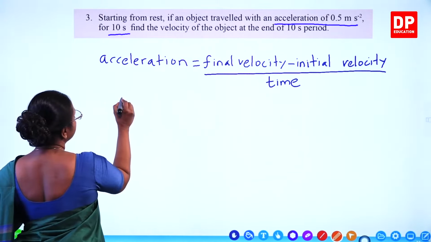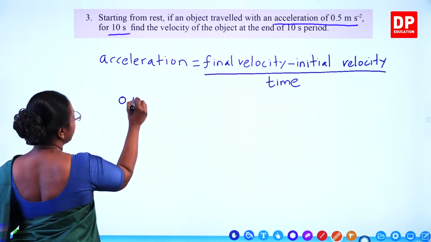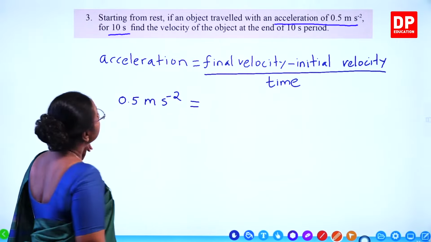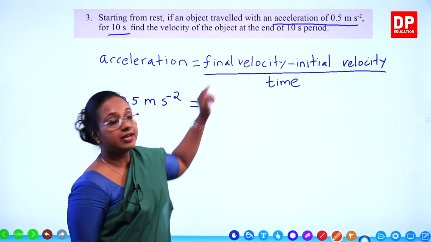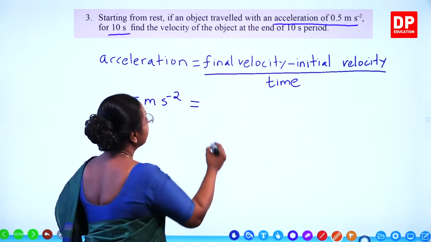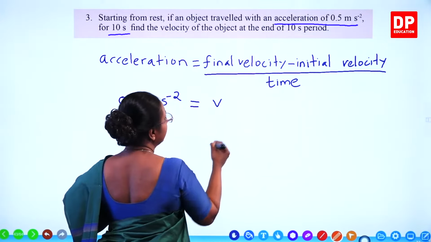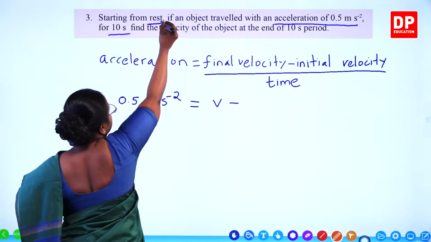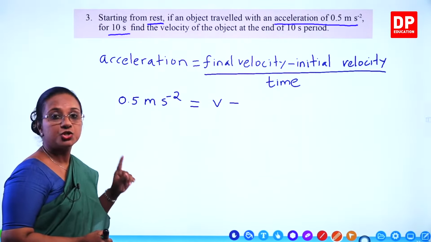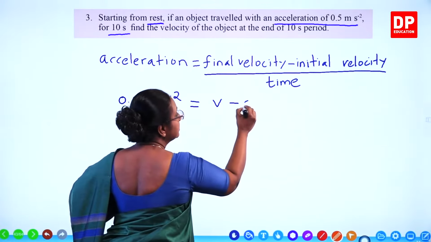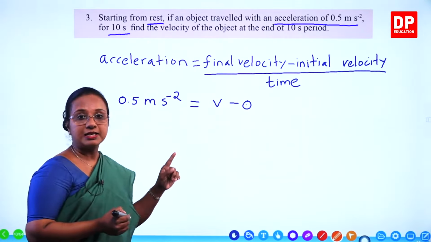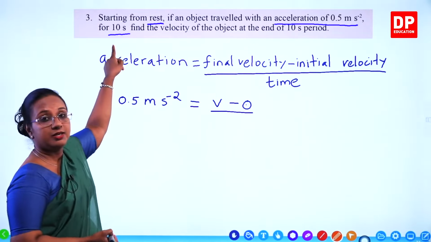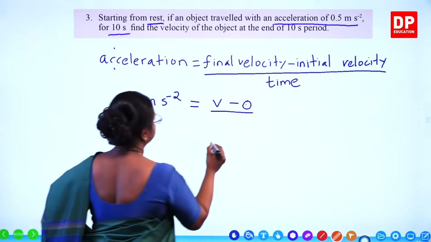So I substitute the value here, 0.5 meters per second square. We need to find the final velocity. I will use the symbol V, and initial velocity we know the object started from rest. So it has to be 0. V minus 0, and the time is given to you, 10 seconds.